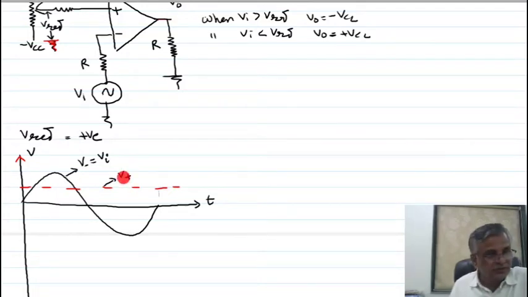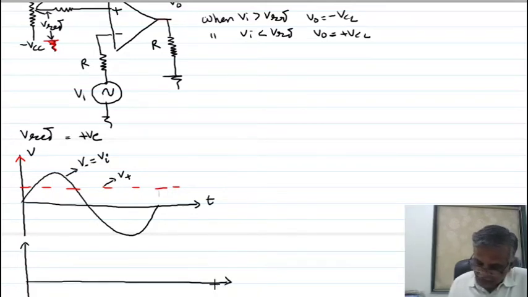If this is more, then you can get positive output. If this is less, then you get negative output. So I am comparing these two. So I am showing you my resultant output voltage. First let me draw the intersection points of the two voltage levels, one is input and one is reference.